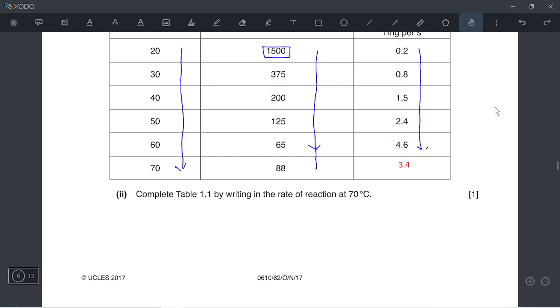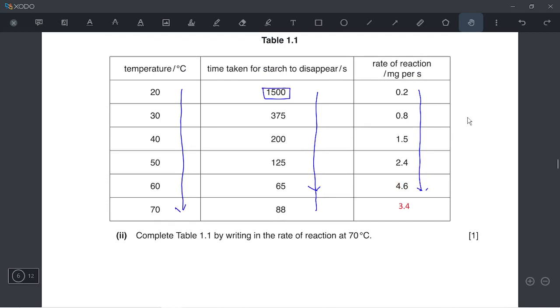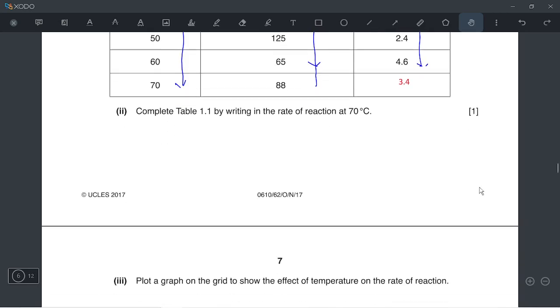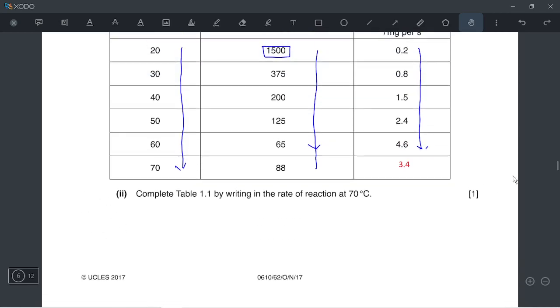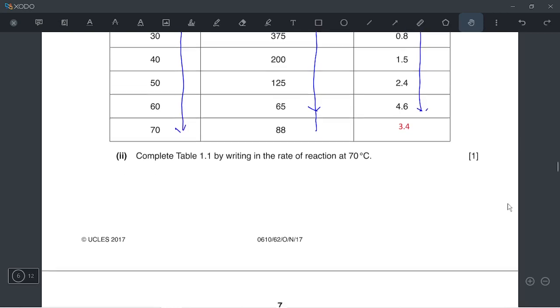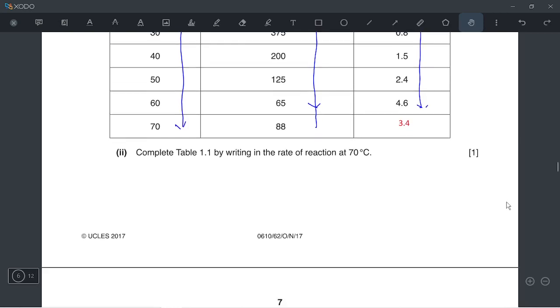Complete table 1.1 by writing in the rate of reactions at 70 degrees Celsius. What will be the rate of reactions here? So how will you calculate the rate of reactions? Rate of reactions we can calculate by dividing the mass of the starch by time taken.